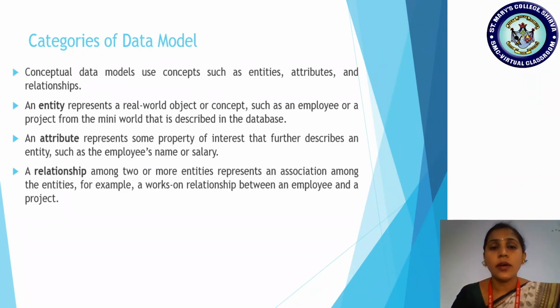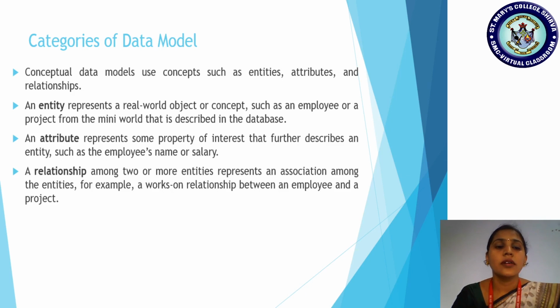Okay, so in the company domain we have entities called employee and project, and we have a relationship between the employee and the project entity, among these two entities. So that is what you mean by relationship. A relationship among two or more entities represents an association and connection among the entities.